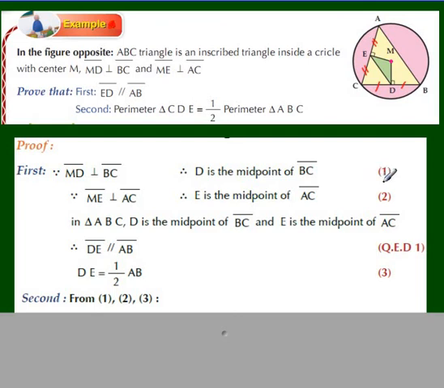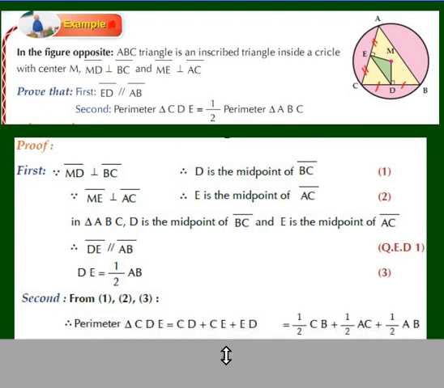From 1 and 2 and 3, perimeter of triangle equals sum of its three side lengths. Then perimeter of triangle CDE equals CD plus CE plus ED, equals half BC plus half AC plus half AB.